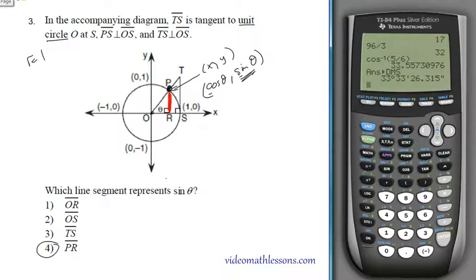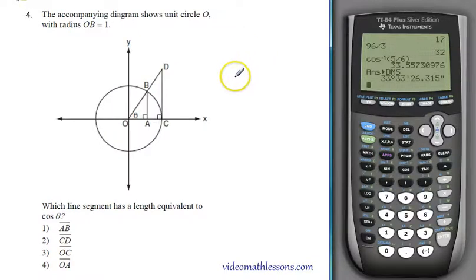Let's try something similar. Once again, unit circle, the radius is 1. They say radius OB is 1, just to make it harder. They want to know who the cosine is for this point right here. The reason I picked that point is because it's on the unit circle.